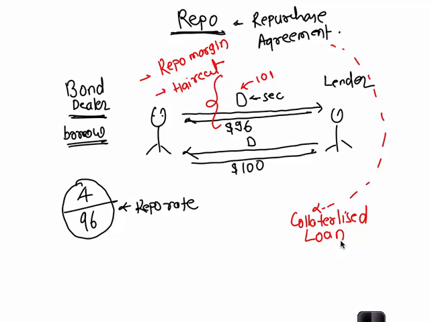And if at all there are cash flows, technically the cash flow belongs to the borrower, because when you return the security, if there was a cash flow, the value of the security would have fallen. So you would give him the security and the cash flow together. The lender doesn't get to earn on the security. He's not the owner, it is a collateral with him. Okay, in real life, the security is actually not given.